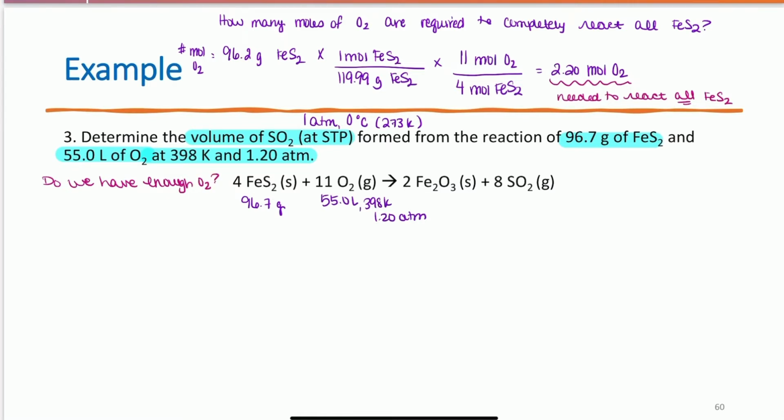Do we have enough O2? Well, I don't know yet, right? We got to calculate the number of moles.